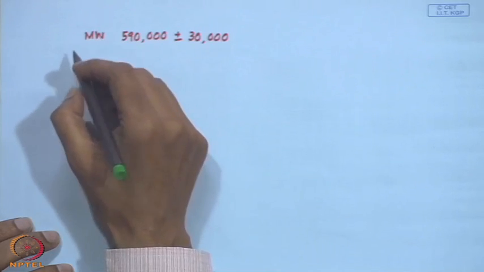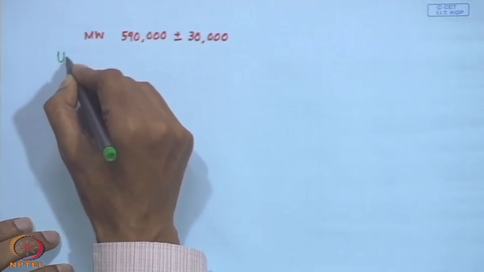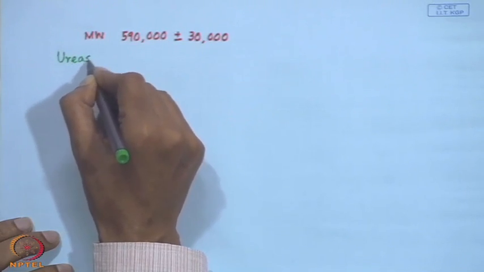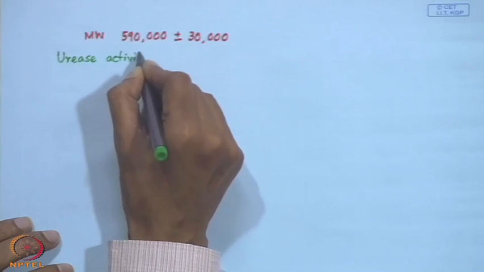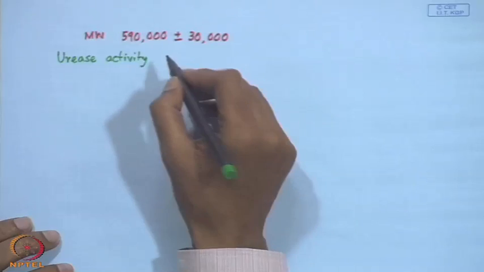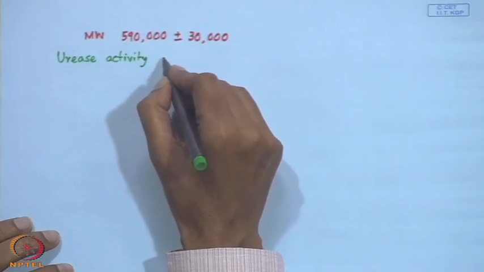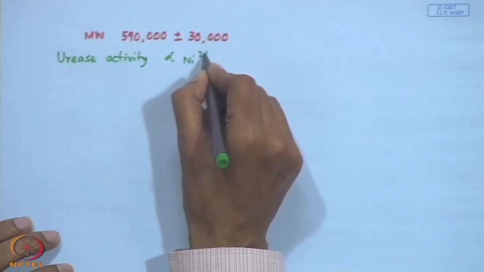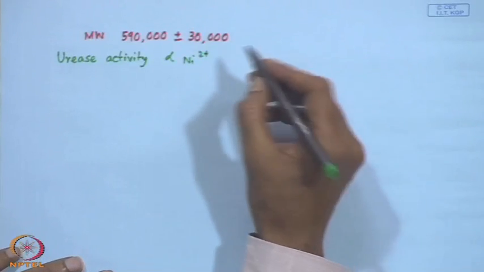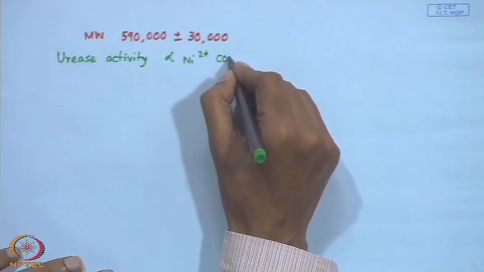this activity, that means urease activity, is dependent on the presence of Ni, that means its activity is proportional to Ni2+ content.